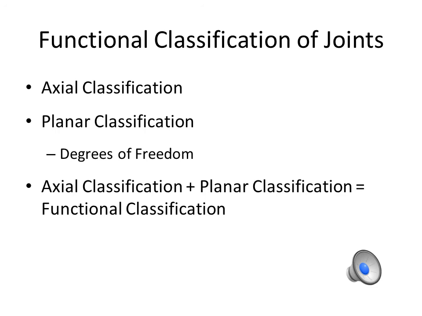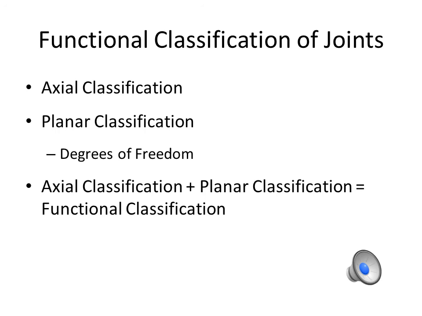So in describing the functional classification of a joint, we think about the axial classification, meaning how many axes the joint moves around, plus how many planes that joint moves within.